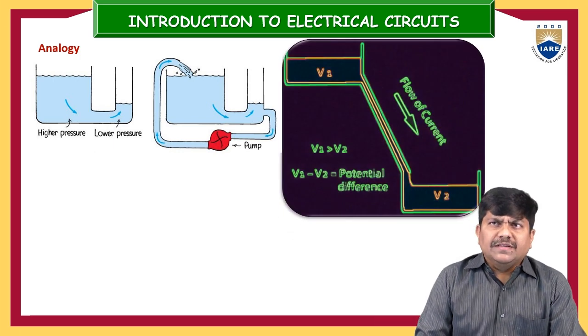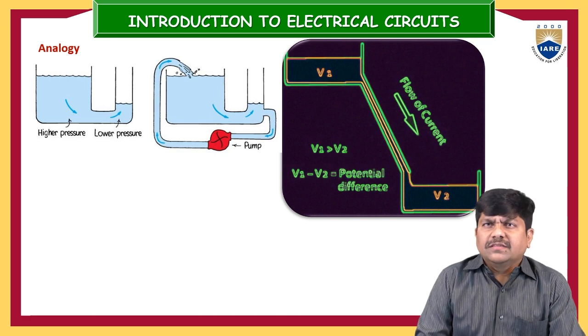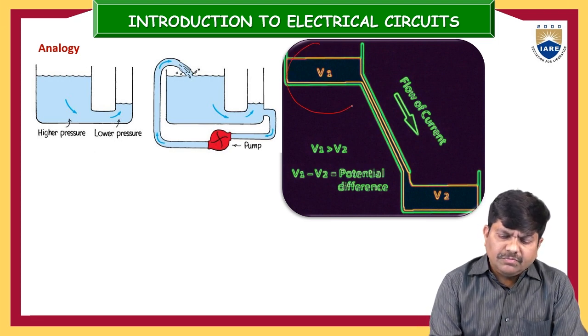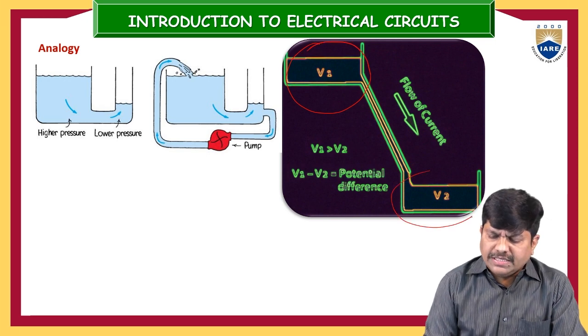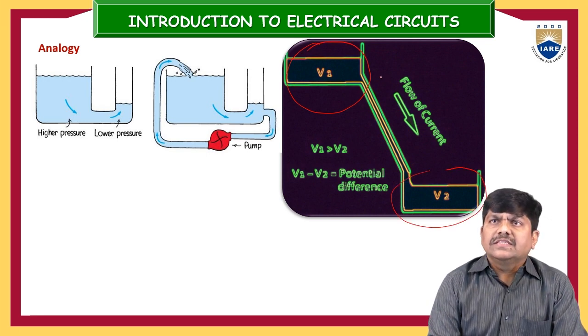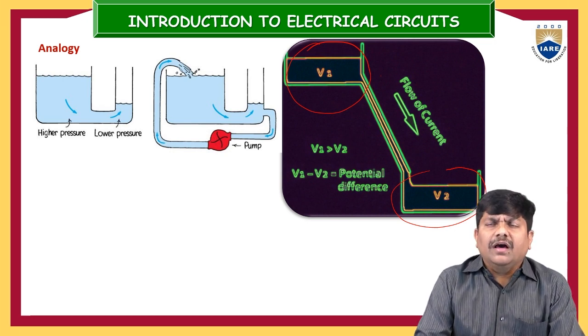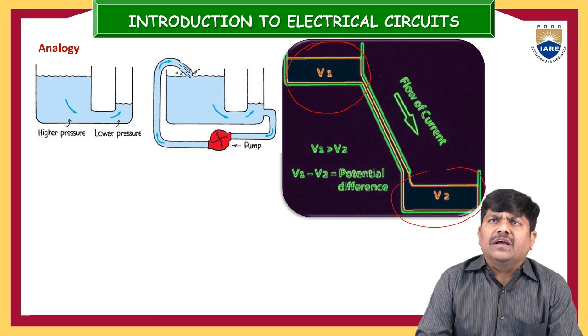This example provides very good information about the flow of current. See, in this one we have taken two levels of water. This is the first level and this is the second level. Imagine these two levels of water kept side by side. The pressure of the first tank is depicted with V1, and the second tank is shown with V2.